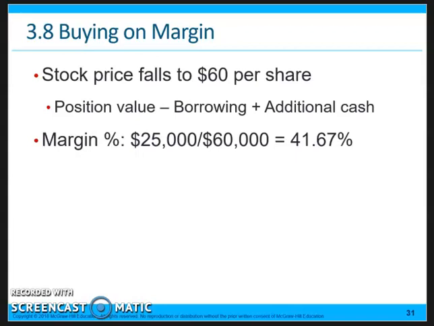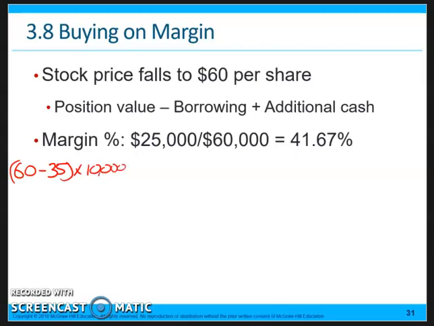So the position value is here. We started out at 70. So 60, but minus 35 times 1,000.